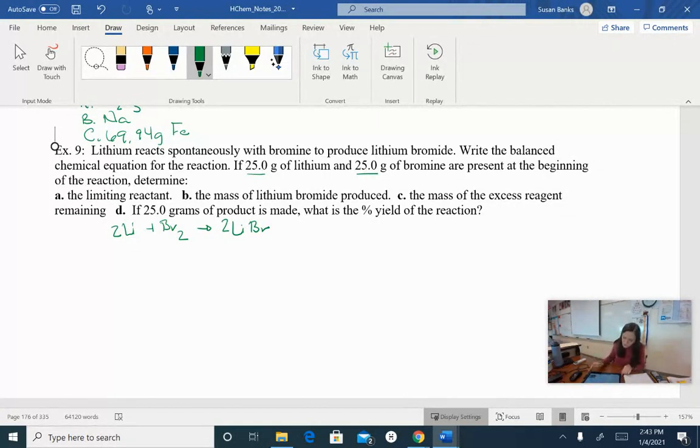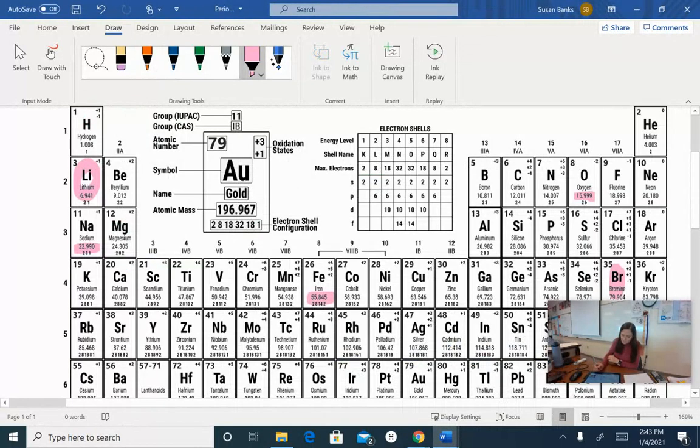Okay, so let's start with our 25 grams of lithium. I want to go from grams to moles, so I need to look up my molar mass of lithium. Lithium is 6.94.